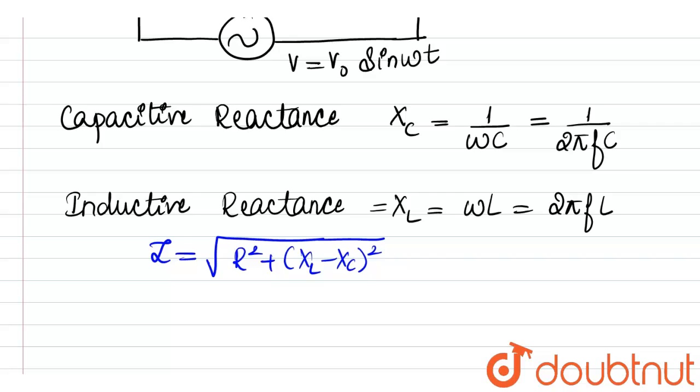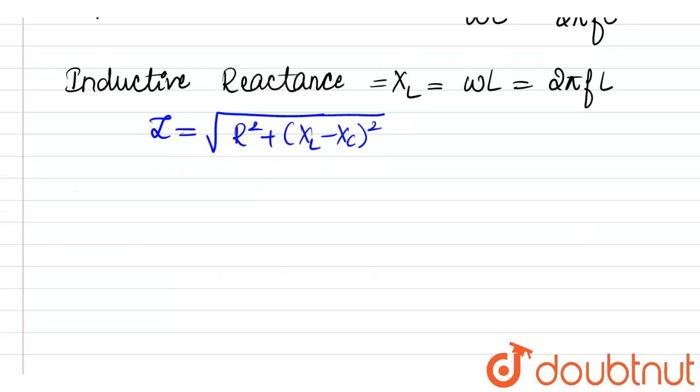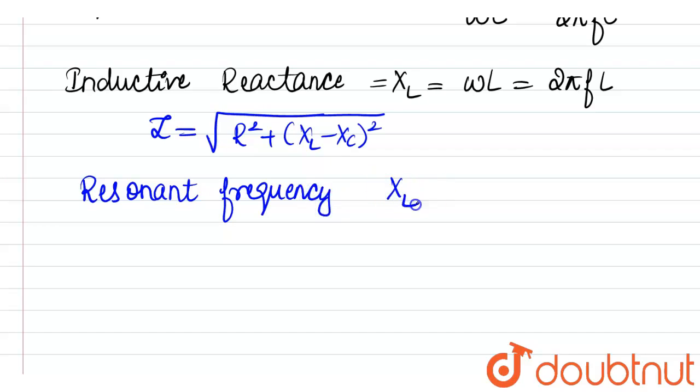That frequency, wherein the total resistance of a circuit just depends upon the resistance of the circuit and not on the capacitive reactance and the inductive reactance, is called the resonant frequency. The condition is when capacitive reactance cancels out inductive reactance.